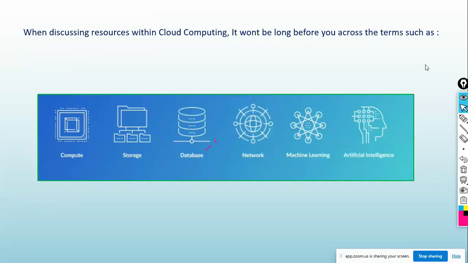When it comes to our AWS solution architect, we need to focus majorly on compute, storage, database, and network. Machine learning and artificial intelligence, we are not doing anything on that at this point of time. So the majority of our focus in this program will be compute, storage, servers, and network.